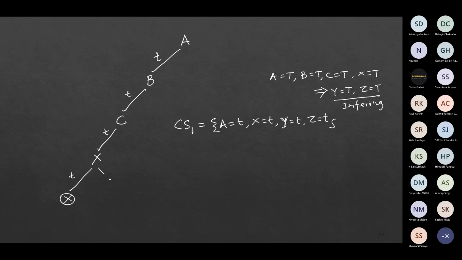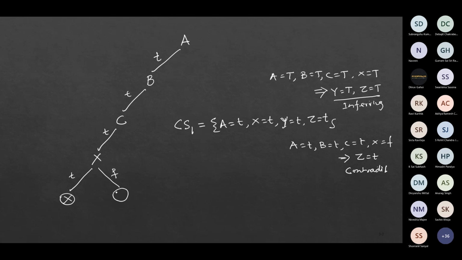Now what we'll be doing is trying out the different value. Now if we set X equal to false, so we have A equal to true, B equal to true, C equal to true, and X equal to false. What can we infer? We can infer that Z equal to true. And of course, our contradiction.